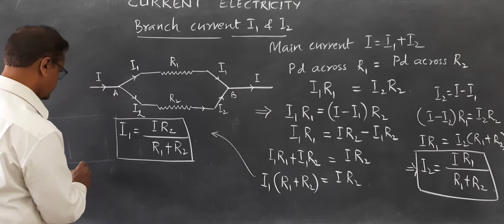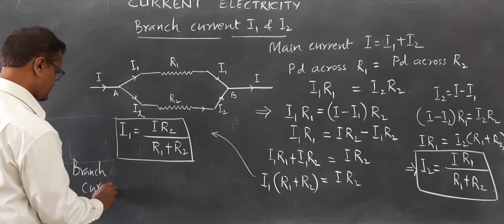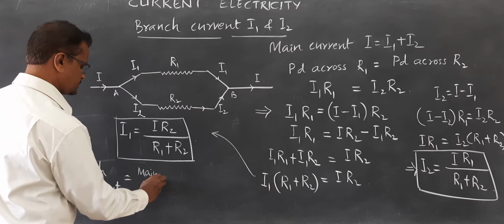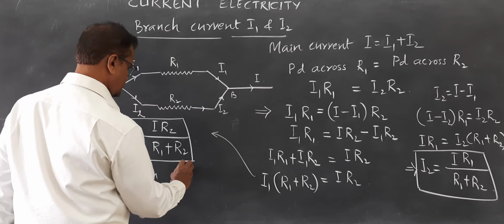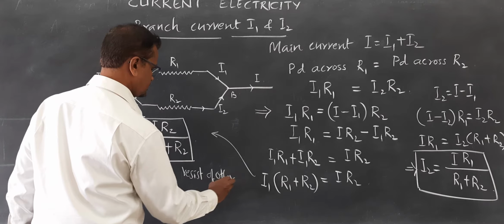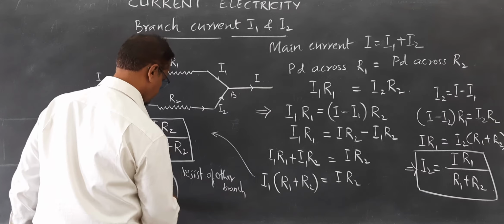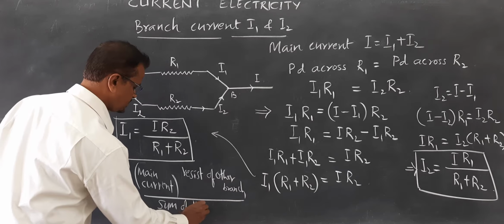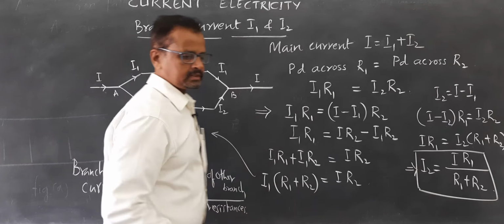So that's how we can write it: branch current is equal to main current, that is total current, I into resistance of the other branch, whole divided by the sum of the resistances.